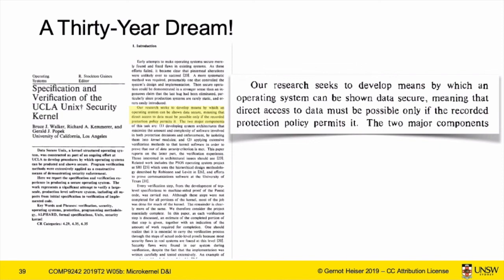And this was done in 1980, almost 40 years ago, and they didn't get there. They tried with a really stripped down Unix system, and by the time the project ended, they had managed to specify part of the functionality, but they never proved anything about it. And it wasn't until 2009 that we finally did that with seL4, and I'll talk about that in week 9, I believe.